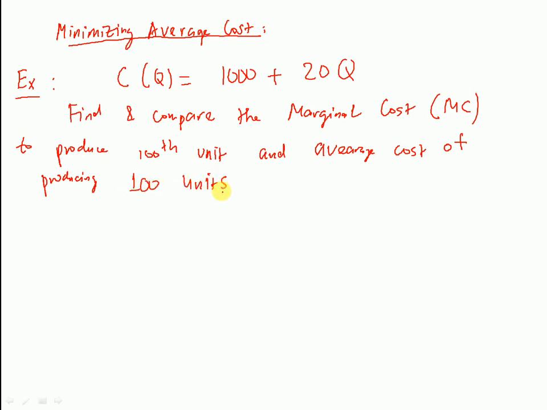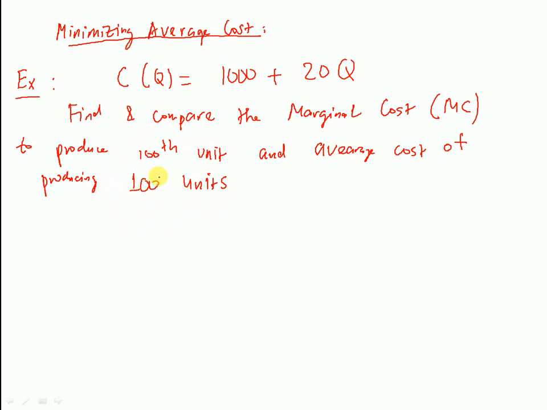Okay, so we are given the total cost equation here, and we want to find and compare the MC, or the marginal cost, to produce the 100th item. So how much does it take to produce the 100th item, and also find the average cost for producing a total of 100 units.